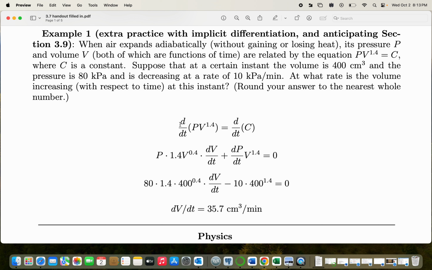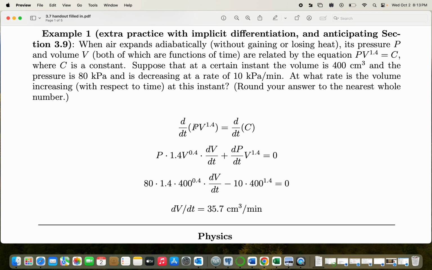But since we've already started section 3.9, let me just say, this is a related rates problem where they've handed you an equation. You don't have to come up with your own equation. So let's differentiate it with respect to time. C is a constant, and the derivative of a constant is 0. This is a product right here, P times volume to the 1.4.